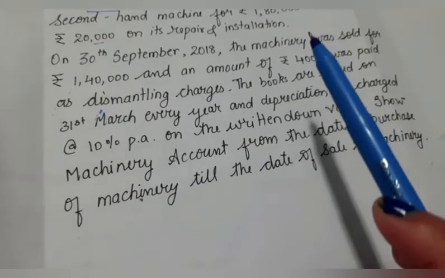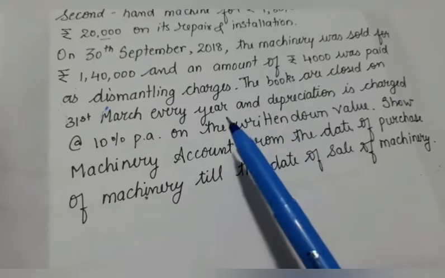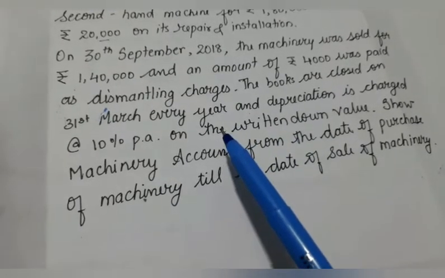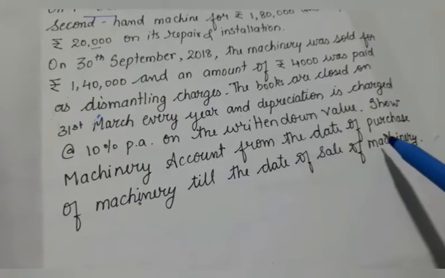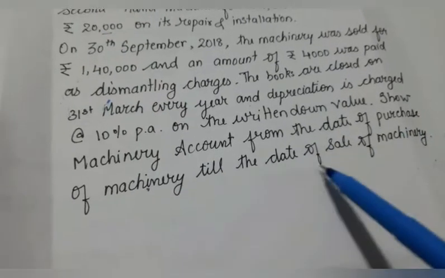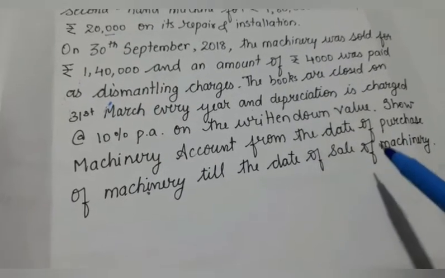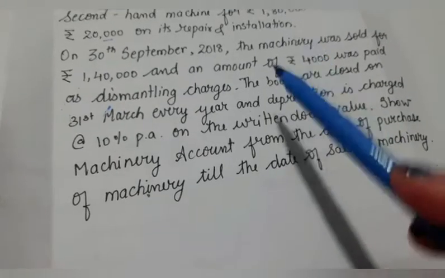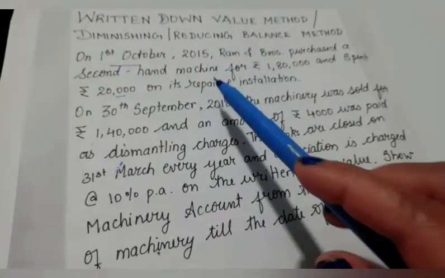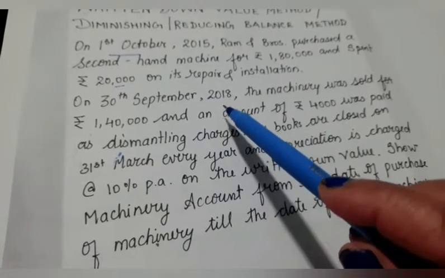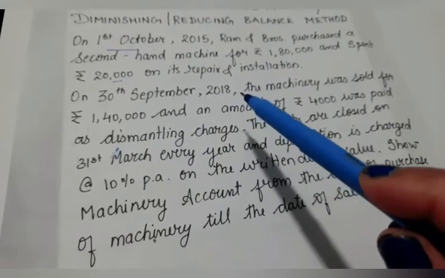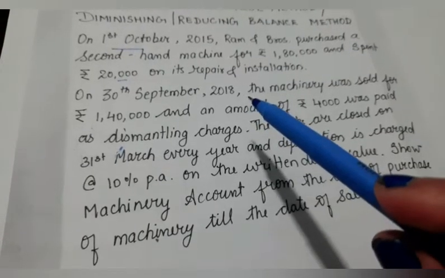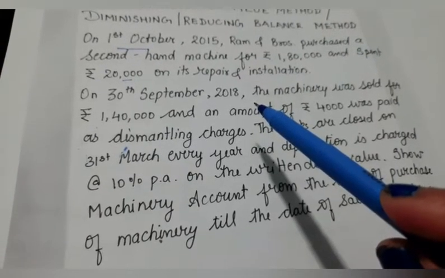So as per the written down value method, you have to calculate the depreciation being charged on this machinery. Show the machinery account from the date of purchase of machinery till the date of sale of machinery. From the purchase date, that is 2015, till its sales date, that is 2018, you have to show the machinery account. Okay, so shall we start solving this problem?